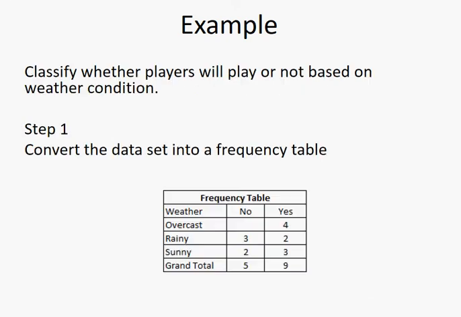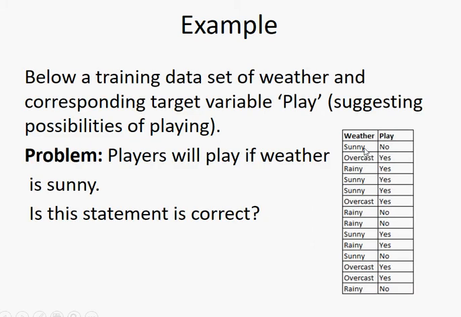Okay, so we're going to start with step number 1, convert the data set into a frequency table. What we're doing here is putting in all our features, our predictors, overcast, rainy and sunny, and then the outputs, whether they played or not, no and yes, taking the values from the table.